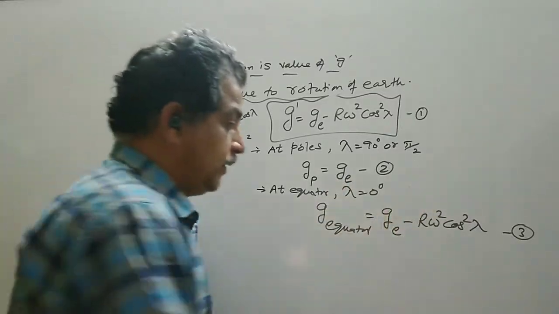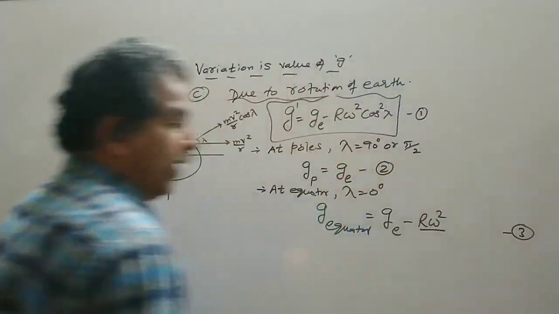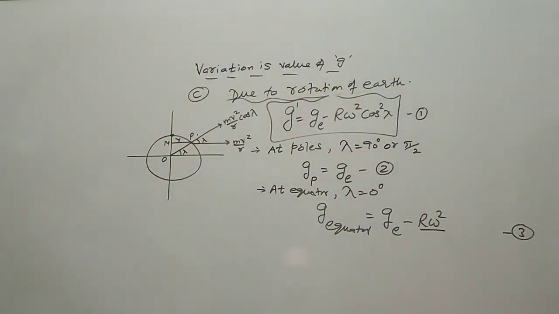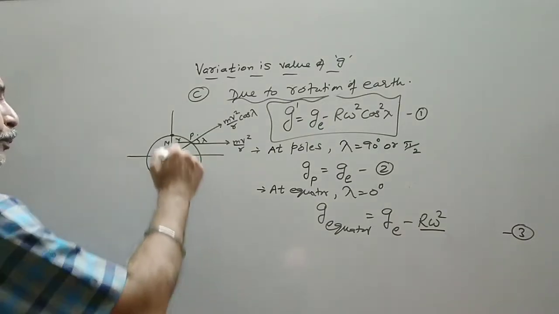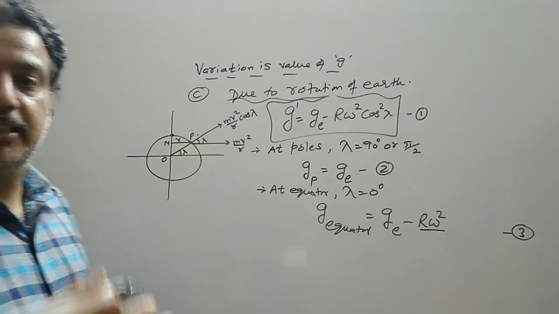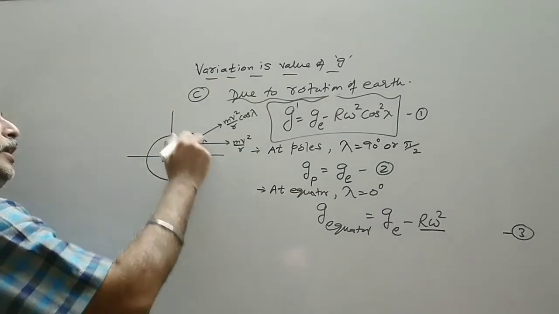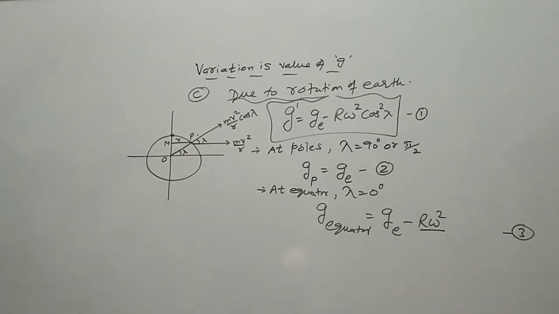That something is, cos 0 is 1, so that something is R omega square. So if you move from pole to equator, the value of g will decrease, that is, the weight of a body will decrease. And if we move from equator to the pole, the force or the weight of a body will increase.